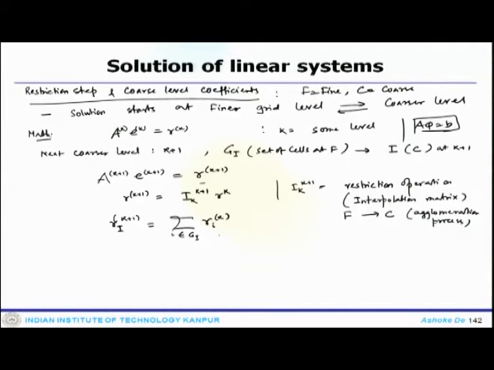If you recall, the linear system that we are solving in the discretized system is A_C phi_C plus summation over NBC of A_F phi_F equals b_C.